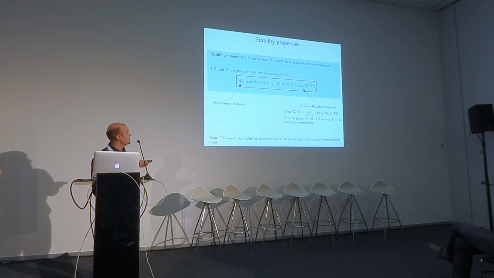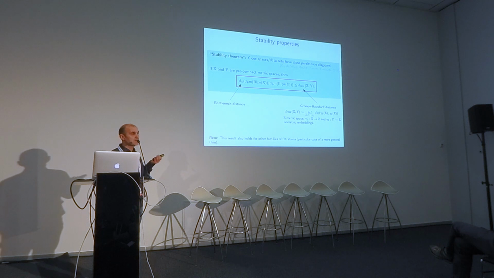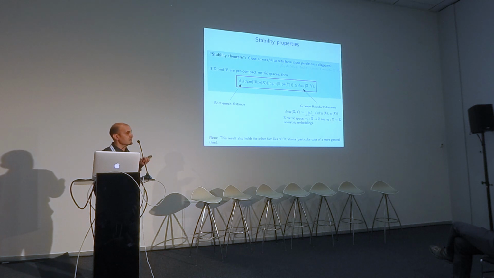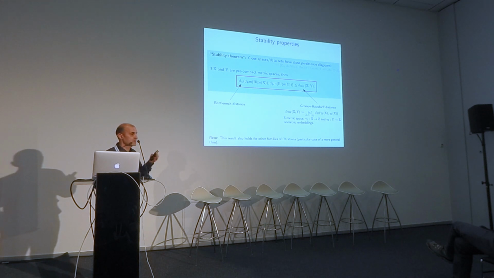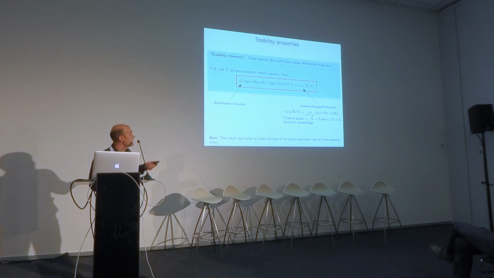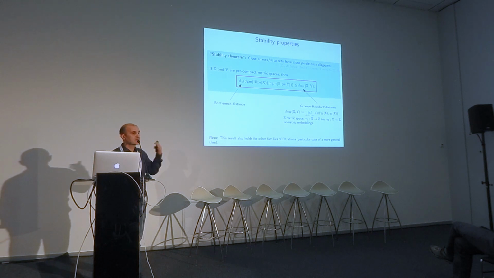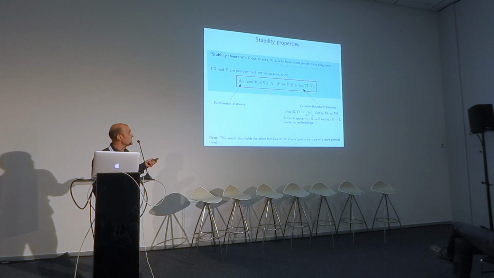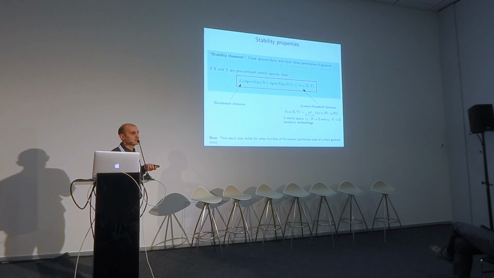Okay, and again, I'm going to repeat things that have been said in the previous talk, that the strong interest of persistent homology is that it provides some robust features in the sense that if you have spaces or sets that are close to each other, close in the sense of the Hausdorff distance or Gromov-Hausdorff distance if you are working with abstract metric spaces, then the persistence diagrams you build on top of these spaces or these data sets are going to be close in a metric which is specific to the persistence diagram.